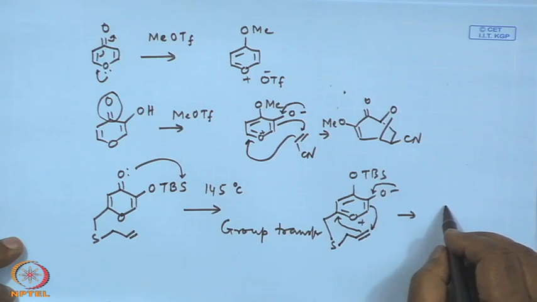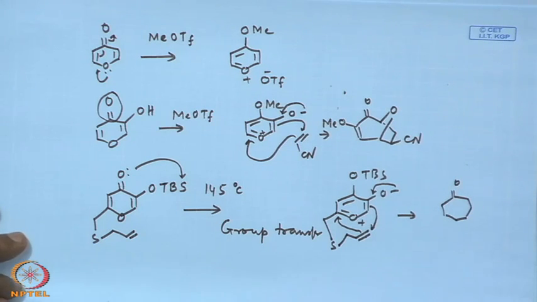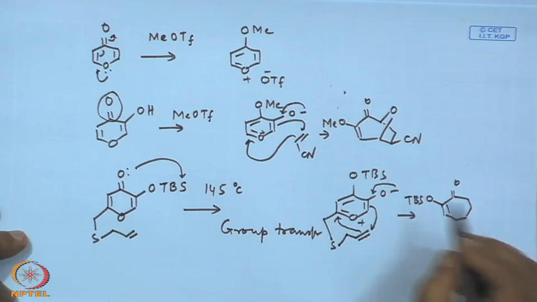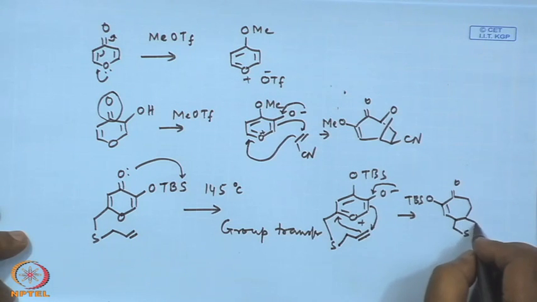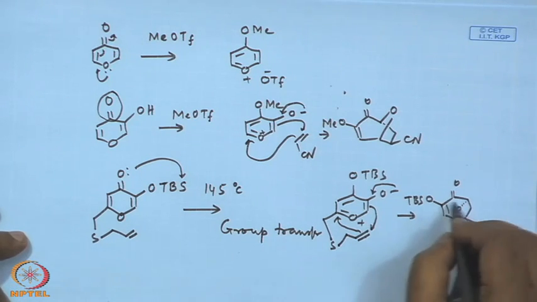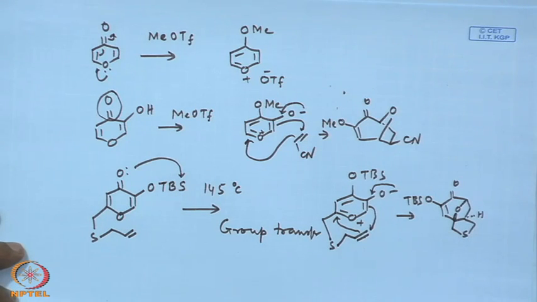So if you rewrite it, it will be again a seven-membered ring with a double bond here, with this TBS, and then there is a sulfur heterocycle and oxygens linked. So with this geometry you can get to this compound.